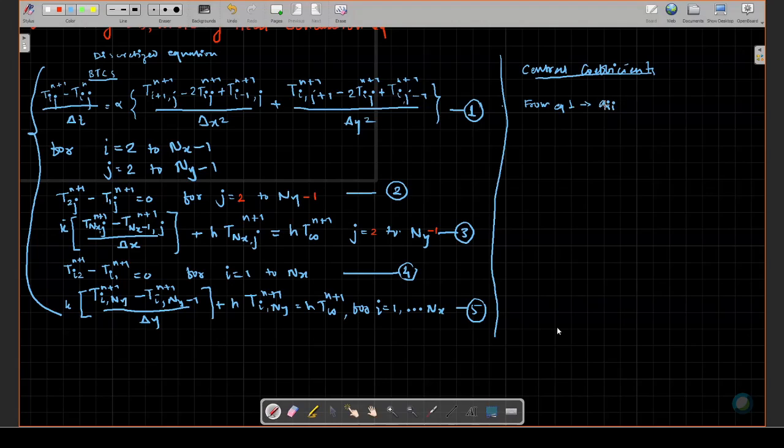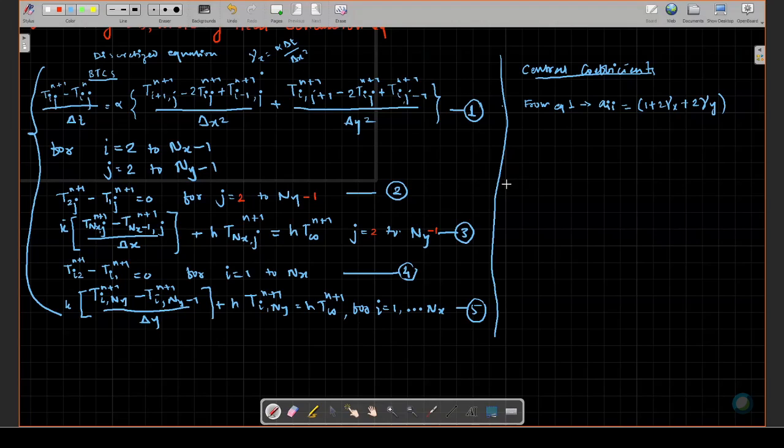So A II is always the central coefficient. What are the central coefficients here? Suppose you take alpha delta t over delta x square as gamma x, and similarly gamma y as alpha delta t over delta y square, and you combine, then all the coefficients of Tij were coming like 1 plus 2 gamma x plus 2 gamma y. Yesterday also you have seen that these were the coefficients.